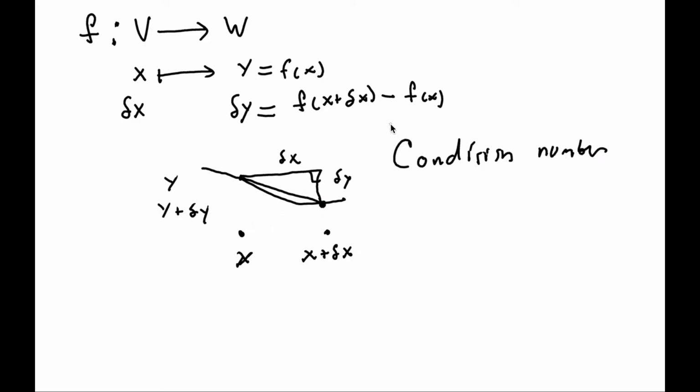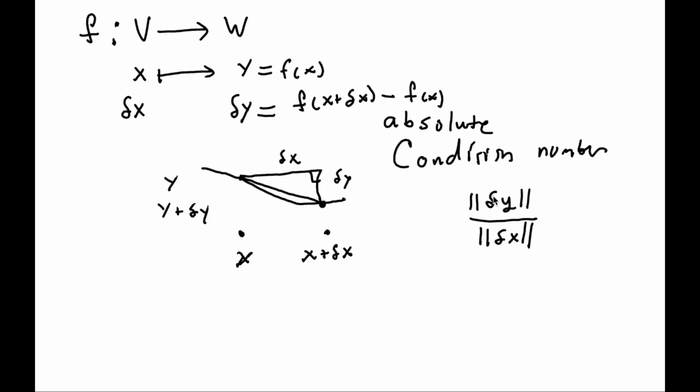This is actually the absolute condition number. This is the following idea. We take the difference quotient, norm delta y over norm delta x. Now this is essentially the norm of what you'd normally call the derivative difference quotient, right?